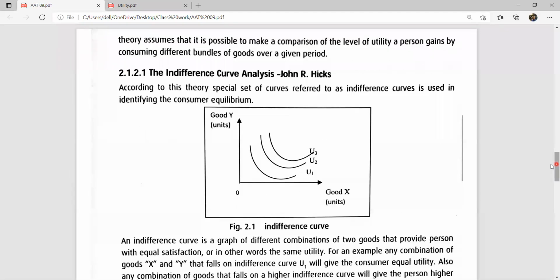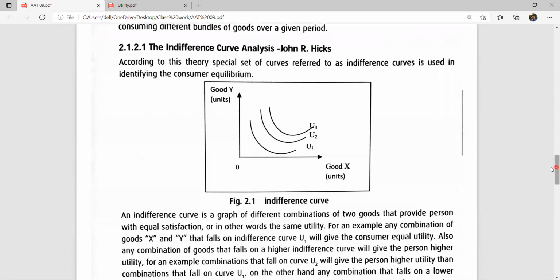According to this theory, a special set of curves referred to as indifference curves is used in identifying consumer equilibrium. Indifference means not different. As the consumer purchases one item, the consumer gains satisfaction. It can be covered up by consuming another good. So the consumer is in indifference.